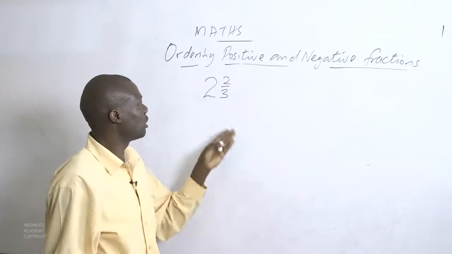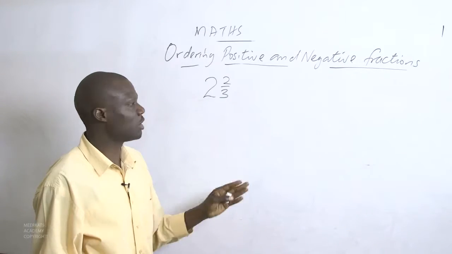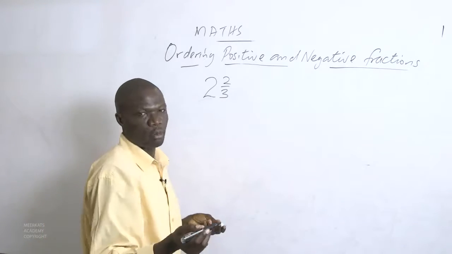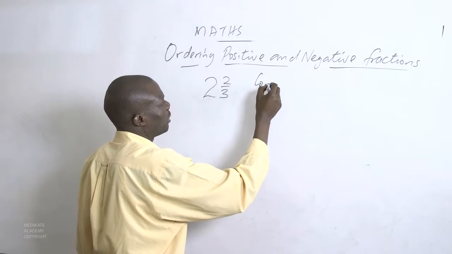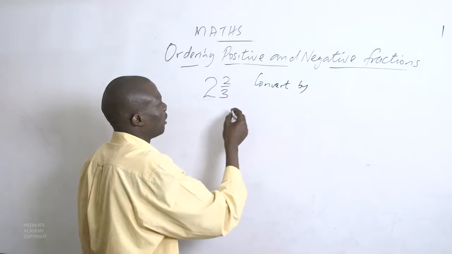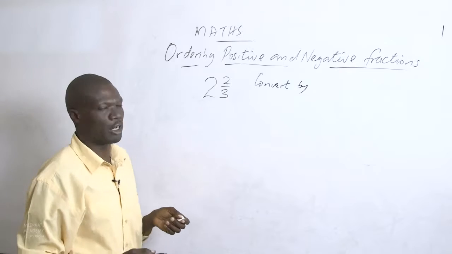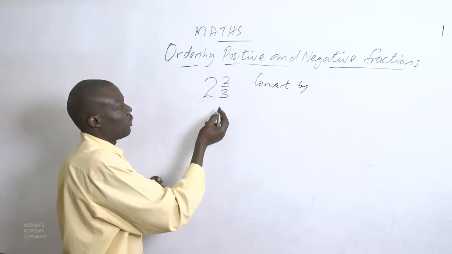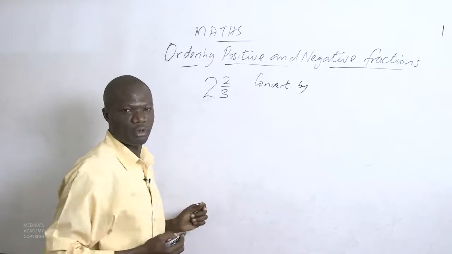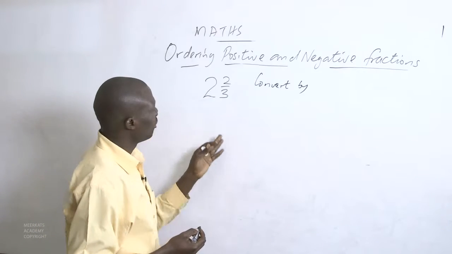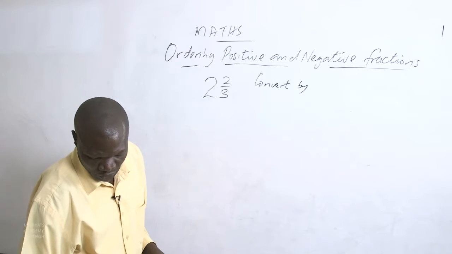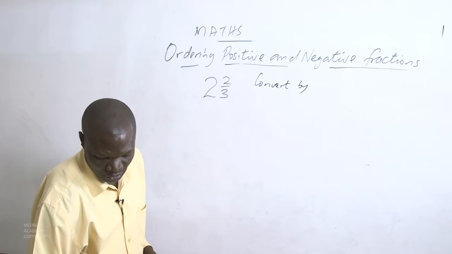If we want to convert the mixed numeral into an improper fraction, we look at the whole number that we have and the proper fraction that we have.